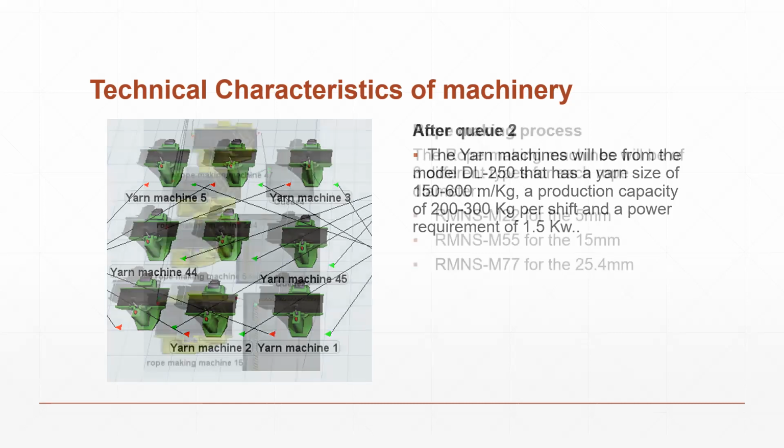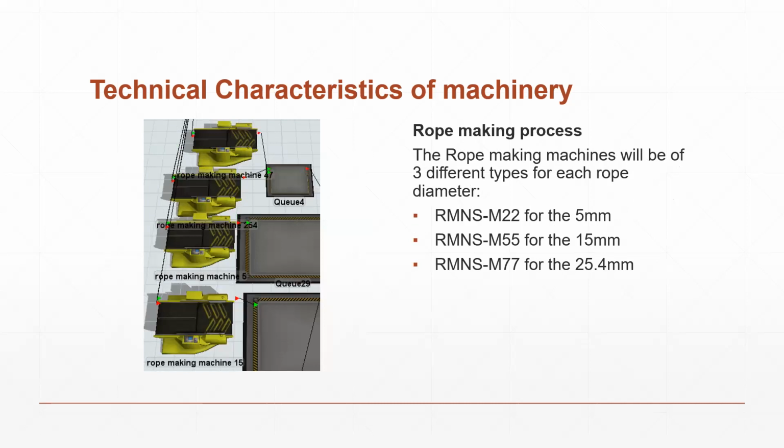Next, the rope making process. The rope making machines will be of 3 different types of rope diameters. For the 5 millimeter ropes, we are going to use the M22, with 0.5 kilowatts.